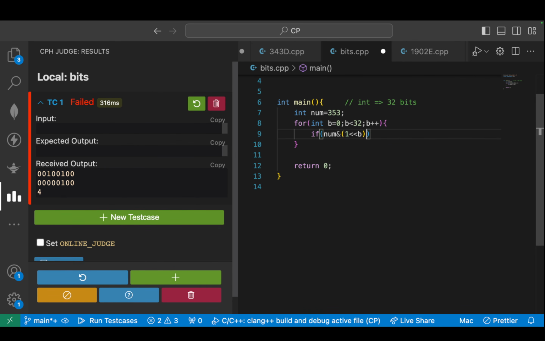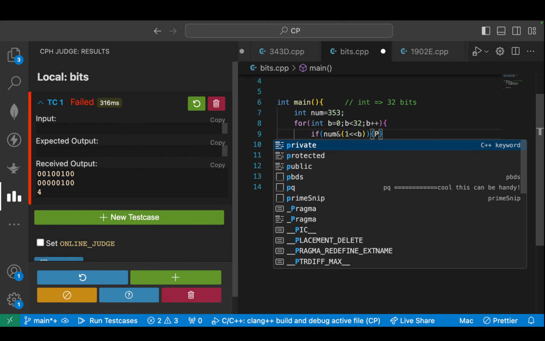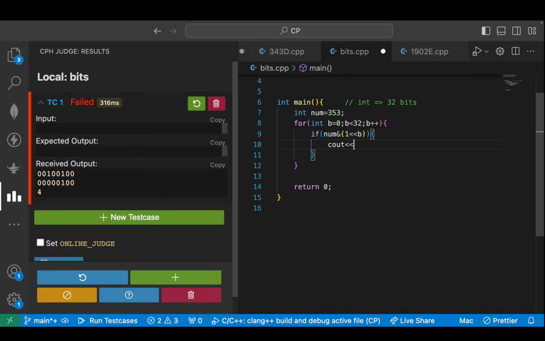If this is returning me a non-zero value, that would mean this bit is set. Cout set bit. Else we can say that this is not set. So not set bit, let's say. And let's do a slash n just for more readability. And yeah, that's pretty much it.